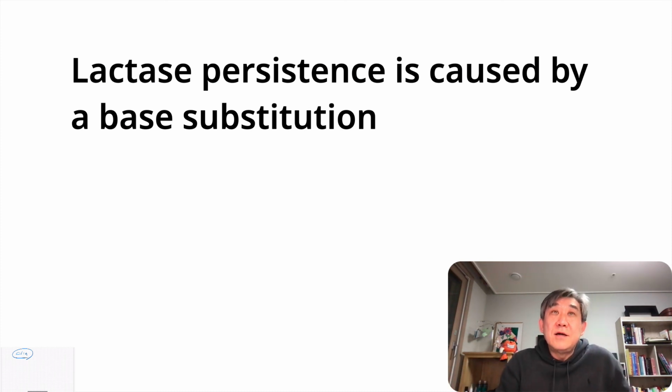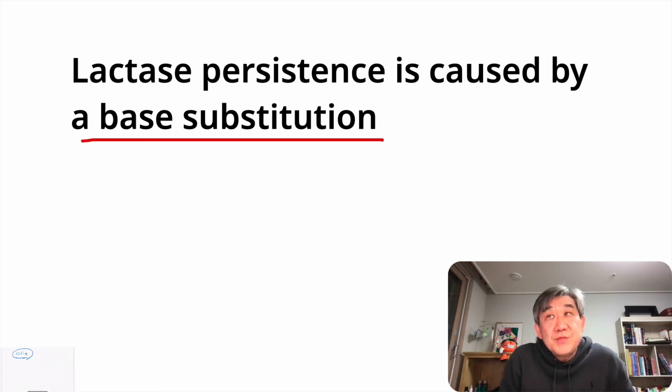And finally, let's take a look at another type of mutation, which in this case is a dominant mutation. It is also caused by a base substitution mutation. The two interesting characteristics of this particular mutation, named lactase persistence, are these.